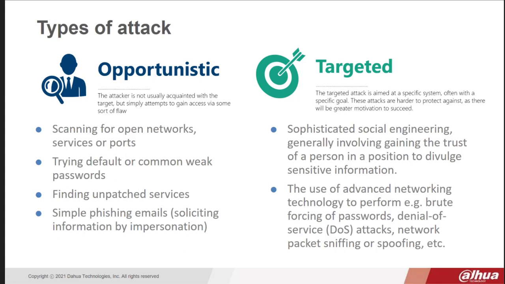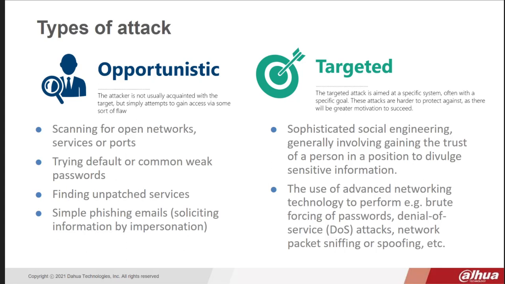Now, a targeted attack is a little bit more difficult to protect against, and they use a variety of different methods. They might use pretty sophisticated social engineering. They might know that a certain person works at a company or lives at a certain address, and they might want to impersonate or try to gain the trust of that person who's in a position to divulge important information.